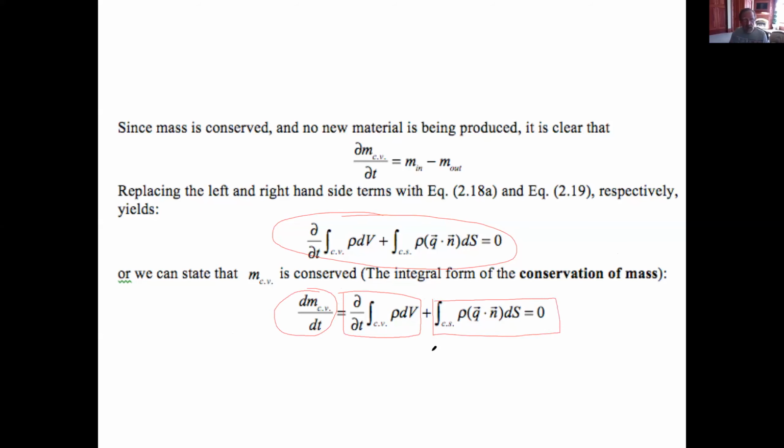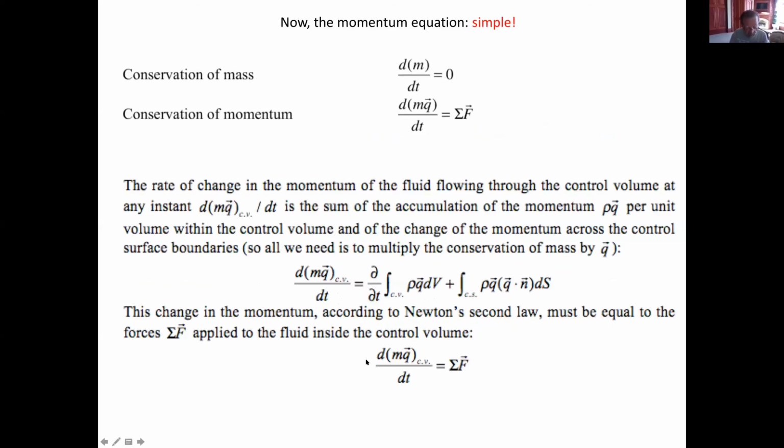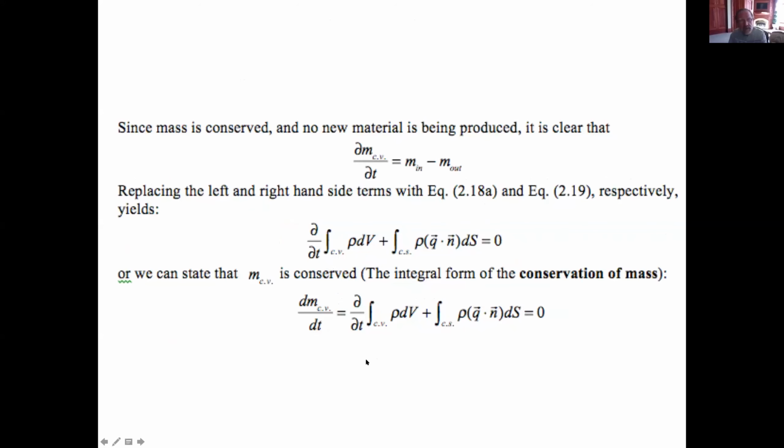So statement one. I lost it again, so I have to do the pen again. So this states that mass is not lost. What happened to the mass is that if there is more going outside, or any change through the surface, it must be equal to the accumulation inside the volume. That's it.